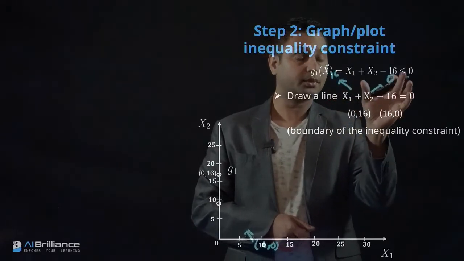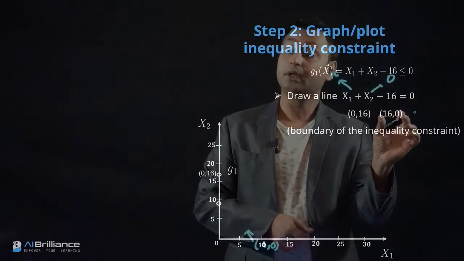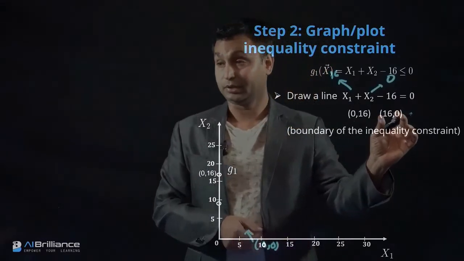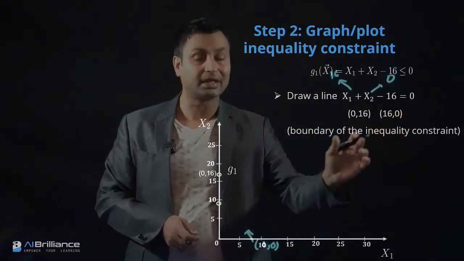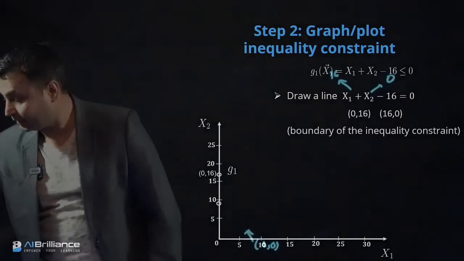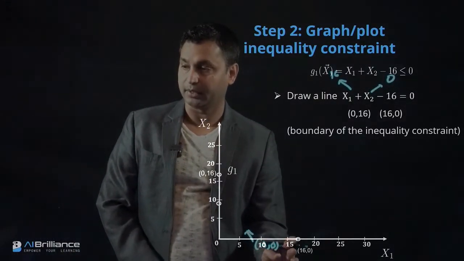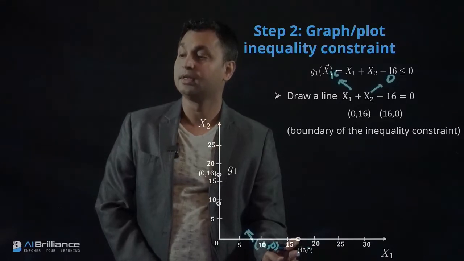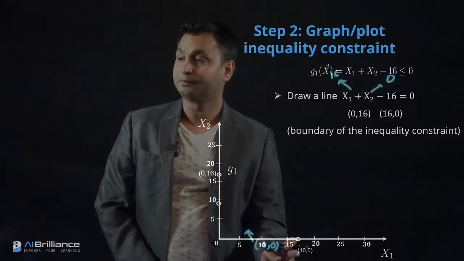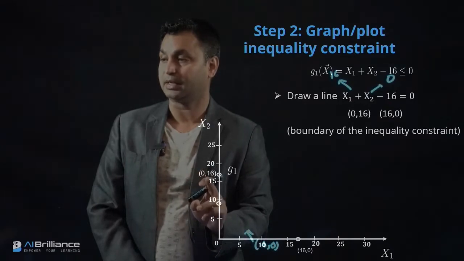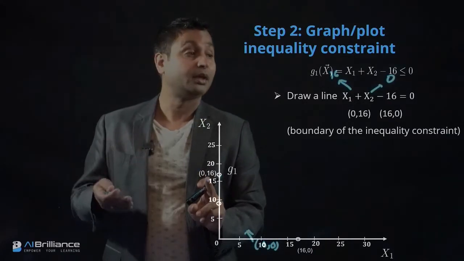So (16, 0) will be another point that lies on this line. That gives me the second point on the line. I will plot it, and that second point is located right here. This is the (16, 0) coordinate, and again we have (0, 16) as the other point lying on this line.